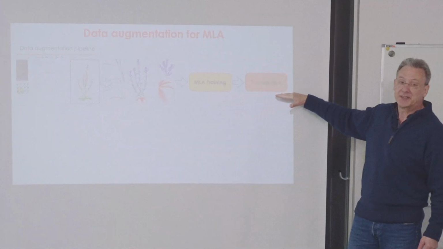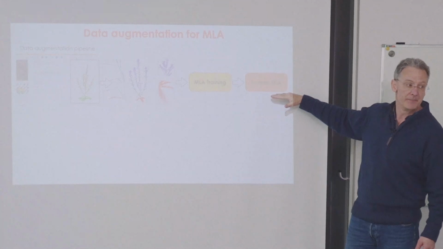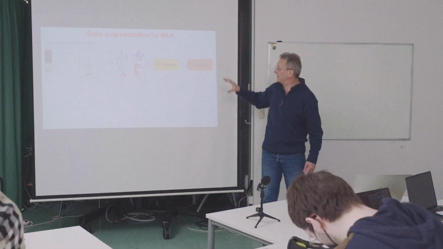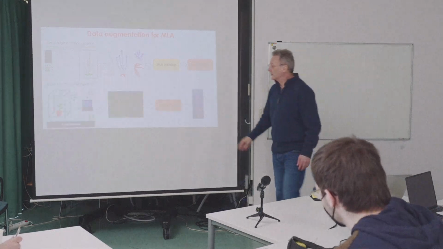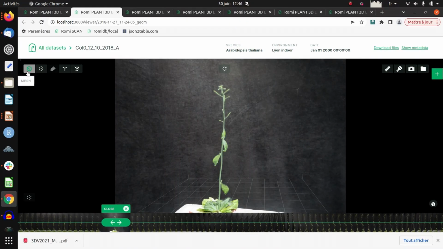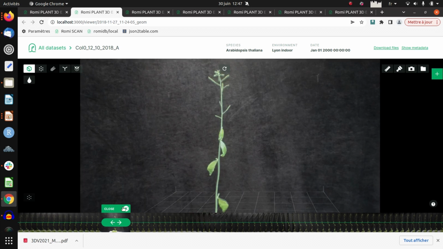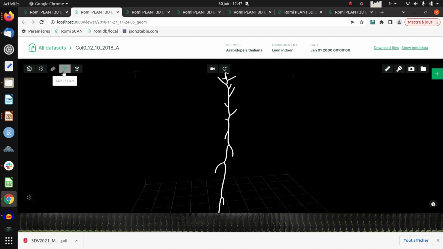And then we would get as an output the trained machine learning system. And then once we have this, it is possible to get back to the original pipeline and use this trained machine learning system in order to recognize, identify, and segment the different organs on the plant.